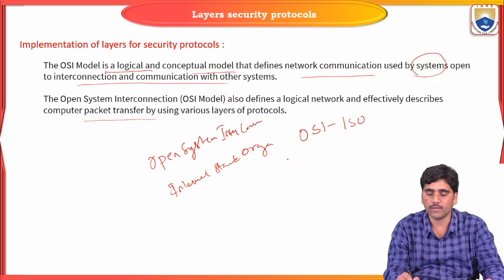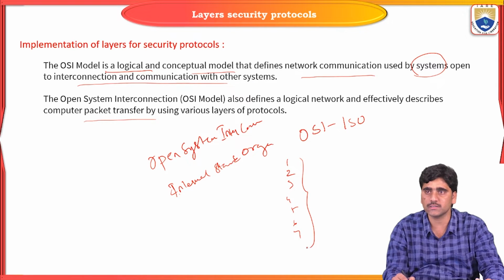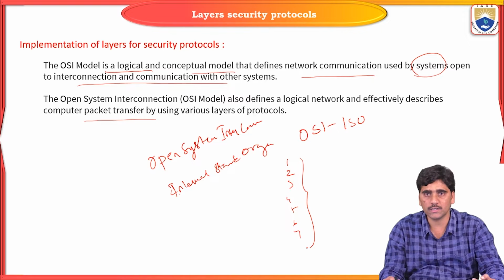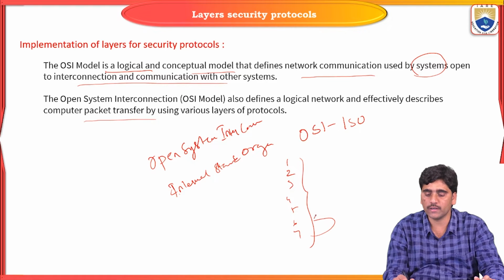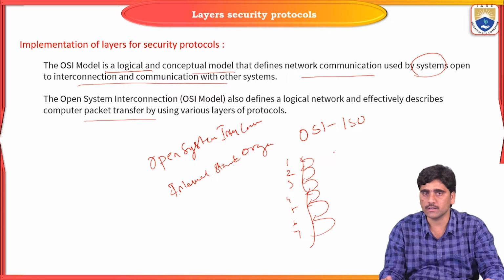From 1, 2, 3, 4, 5, 6, 7, there are 7 layers presented. How each and every layer communicates, and how the data is transferred to the next layer, is all handled with the help of some protocols.